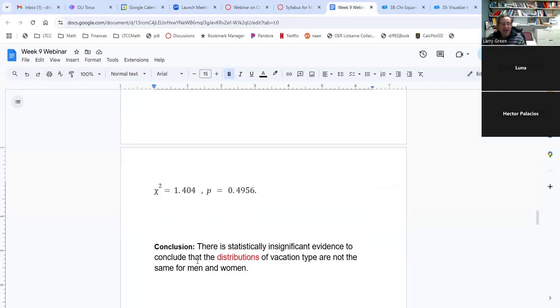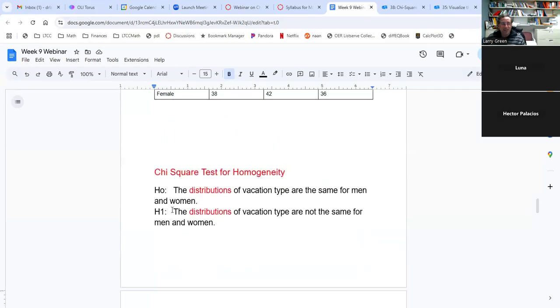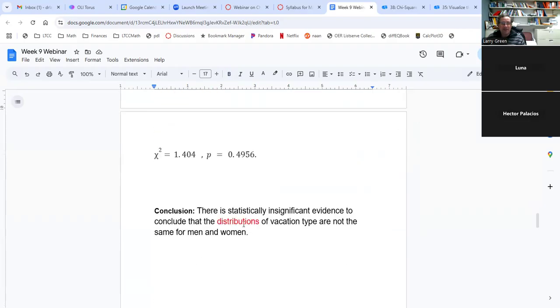To conclude that, and notice all you have to do is copy and paste H1: the distributions of vacation type are not the same for men and women. And notice, very important, IN, insignificant evidence. If you leave out that IN, you have completely screwed up, because that means you literally answered exactly the opposite thing that you're supposed to answer.